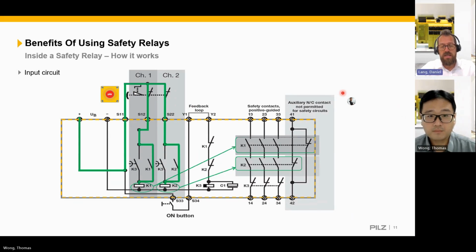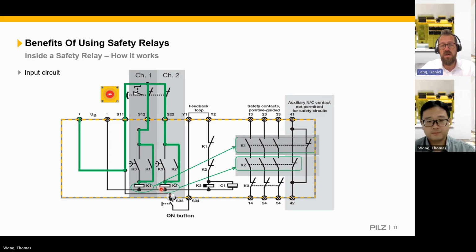So let's make a deep dive into the magic of the safety relay and how it works. Now you see here the input circuit. We wired here an e-stop. Here is the plus voltage. It goes from the safety relay, where the e-stop is wired, to the force guided relays K1 and K2.